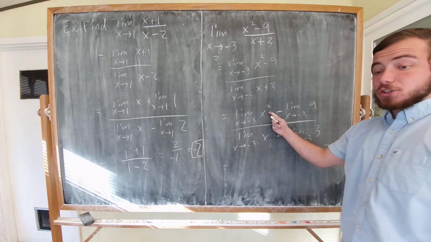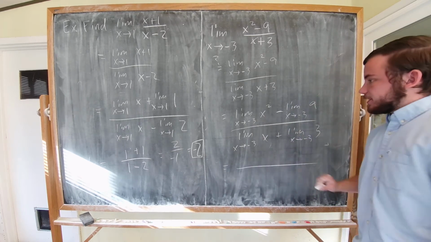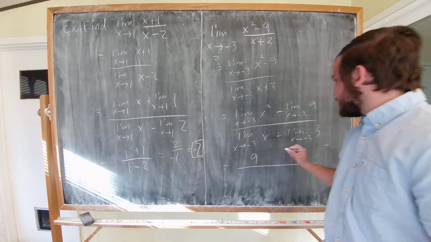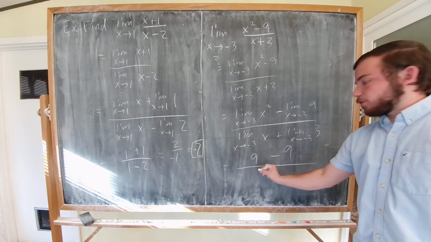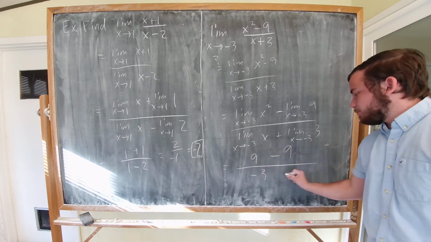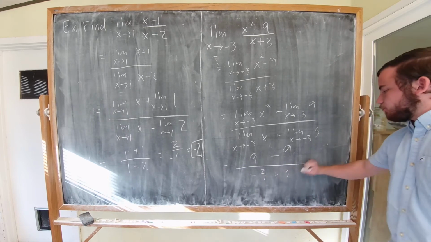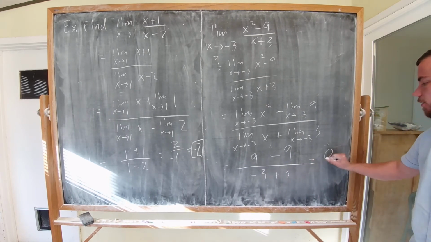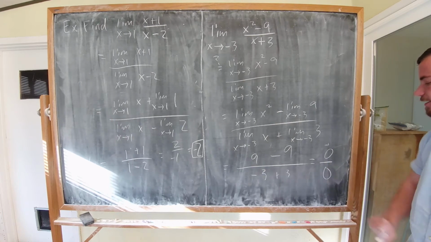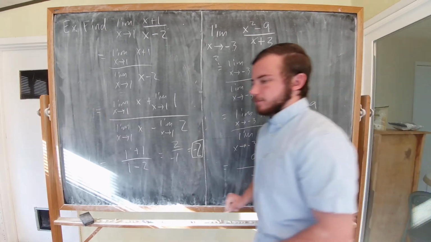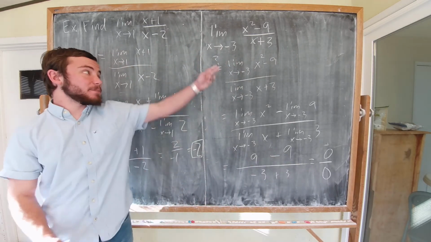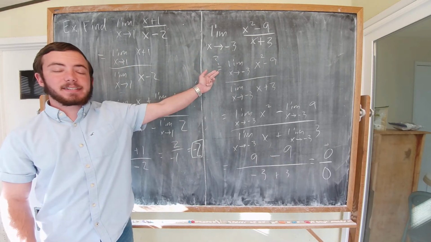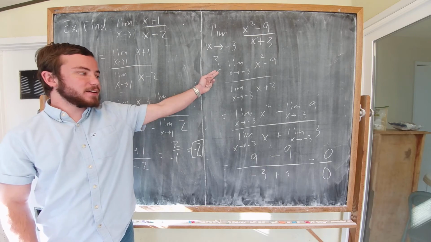Okay, x squared, skipping that one step, will go to 9. 9 goes to 9. X will go to -3. 3 will go to 3. And we're left with 0 divided by 0. Well, the fact that we got a 0 in the denominator here is real bad, because it means that this wasn't a valid step to do in the first place.